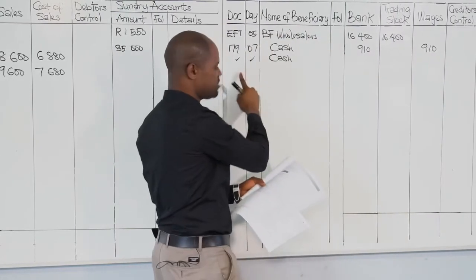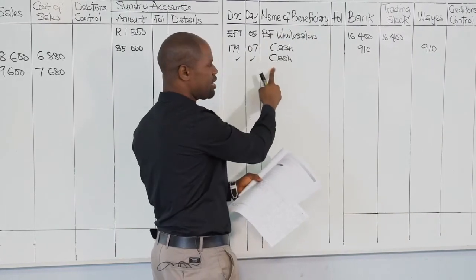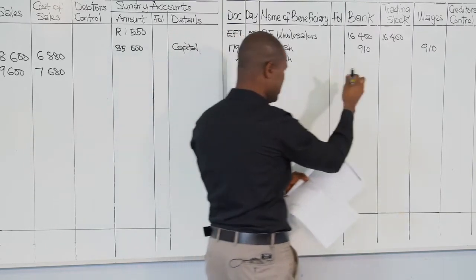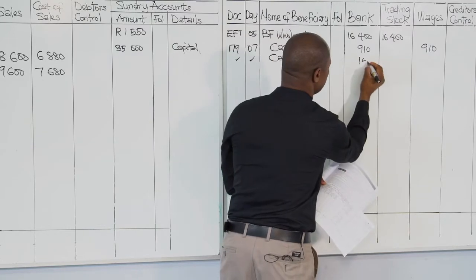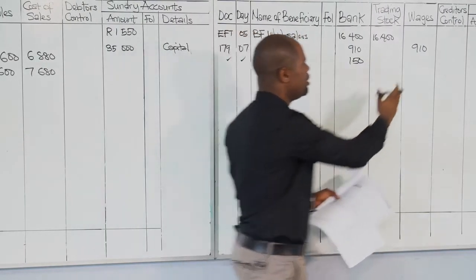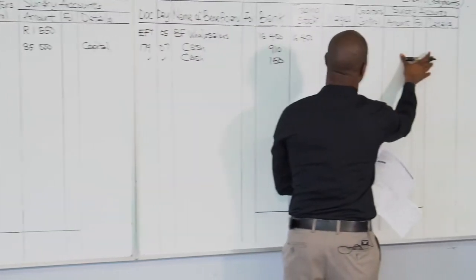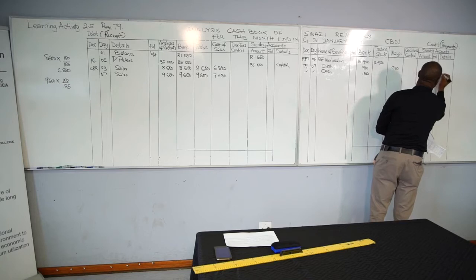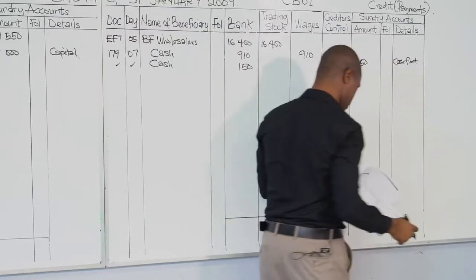Then there is another transaction on the same date, which is for cash float. I have to just tick this is cash, and the amount is 150. There is no column for this cash float, so it will be recorded under the sundry account as the amount 150, and it is cash float.